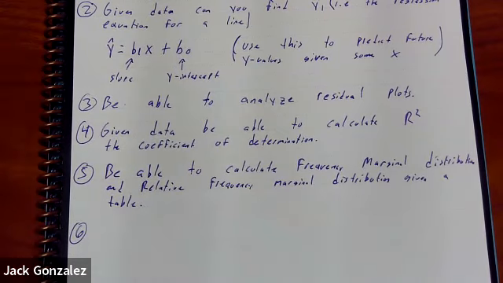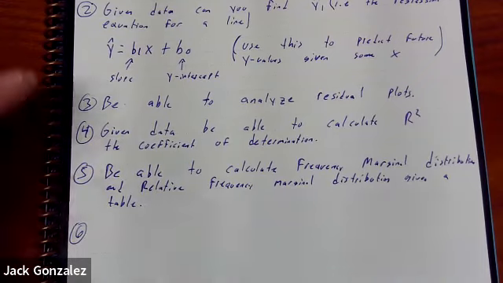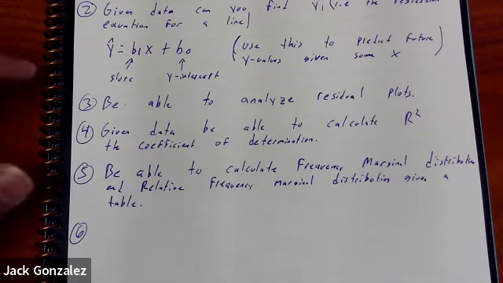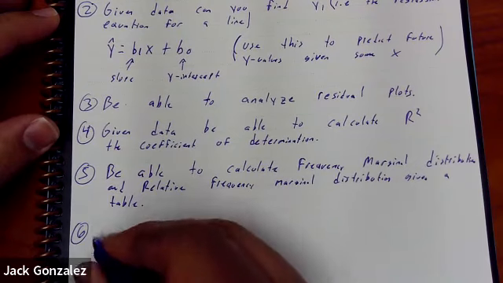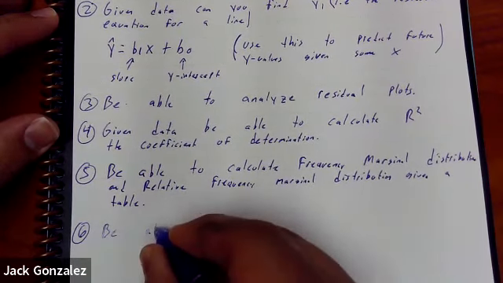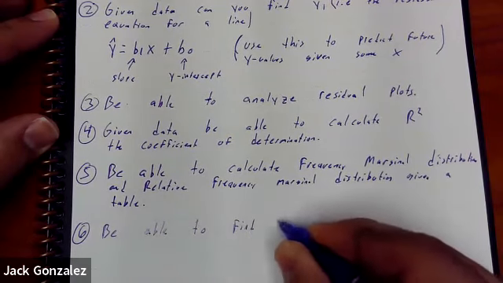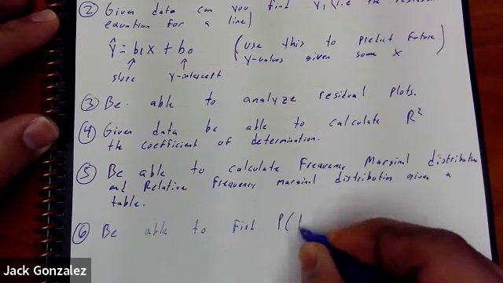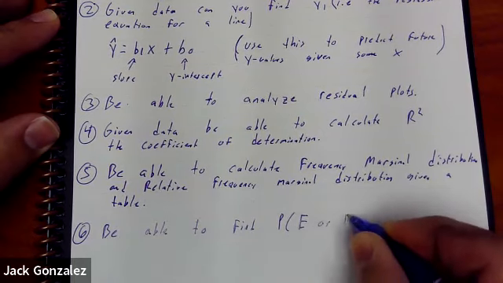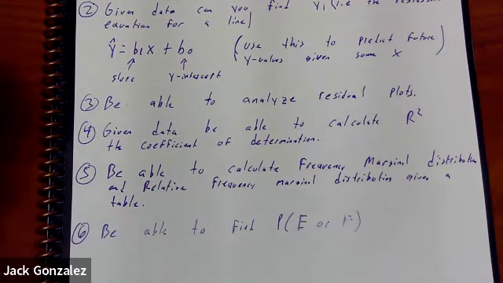Okay, and that's pretty much all of chapter 4 that I'm going to ask about, I think. But don't quote me yet. I'll know soon. Number 6, be able to find the probability of P or F. So make sure you have that formula with you, depending if it's mutually exclusive or not.